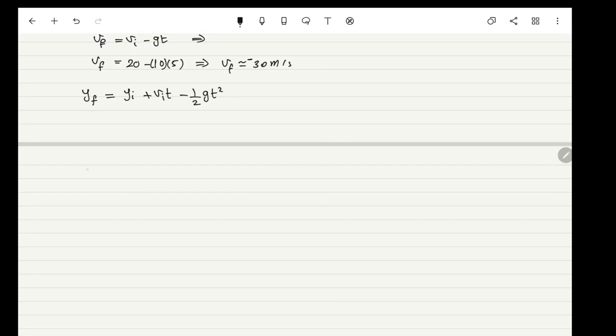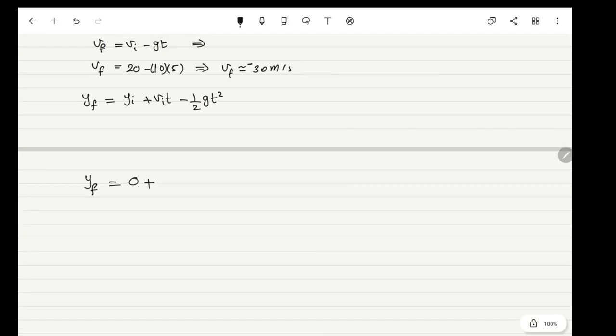So Y final equals 0 plus V initial, 20, times 5, minus half, 10 times 5 squared. You find that Y equals minus 22.5 meters.